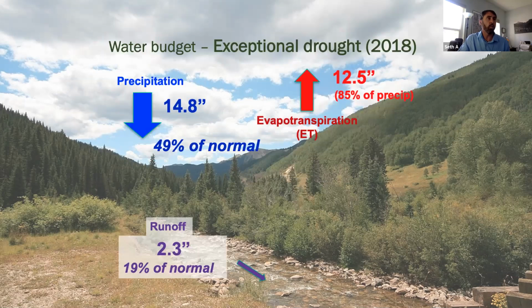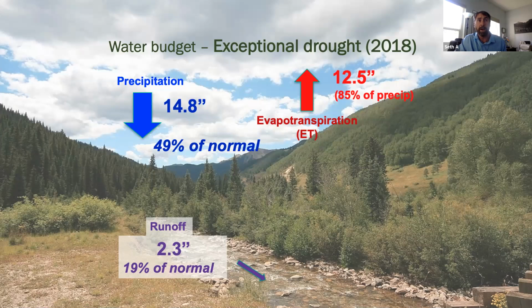So let's look at one particular drought year that was an exceptional drought year in southwestern Colorado and much of our region: 2018. In 2018, about half the normal precipitation fell, about 15 inches, and this amounted to 49% of normal precipitation. And there was a significant increase in evapotranspiration.